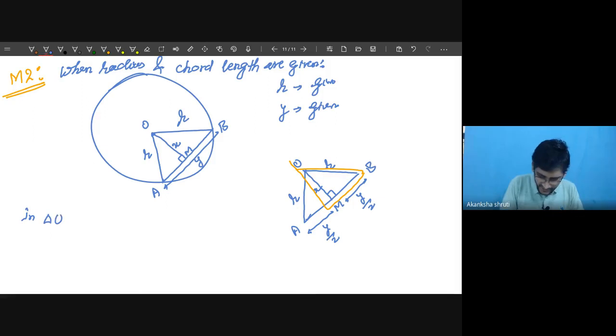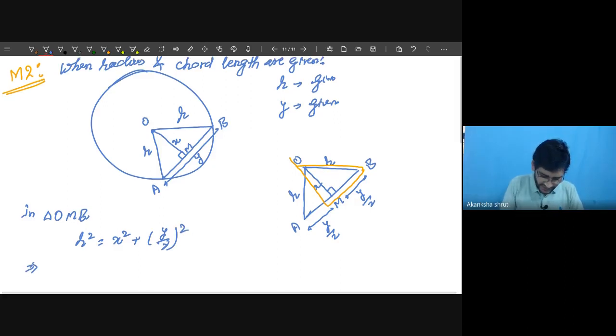So in triangle OMB, what we have? The radius r square, which is the hypotenuse, is equal to the perpendicular OM, x square, plus MB, which is y by 2, their square.